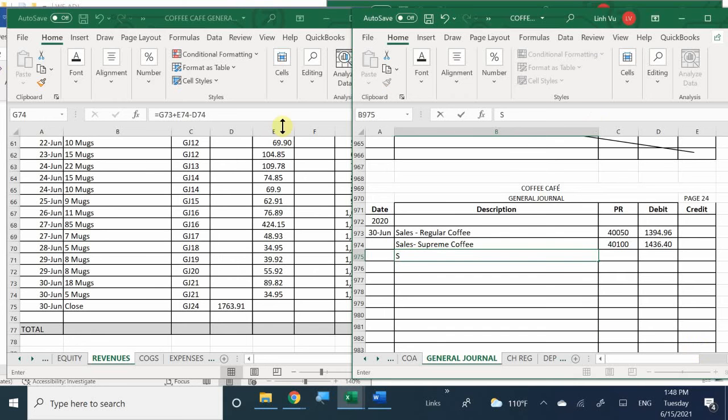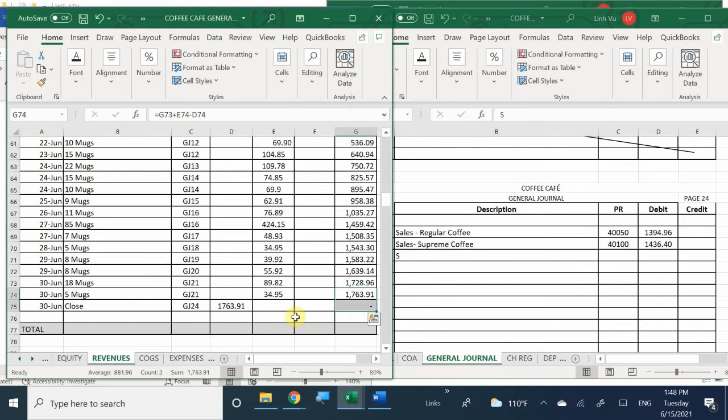I have 91 in my books. Anybody else have 89? No, 1763.91.